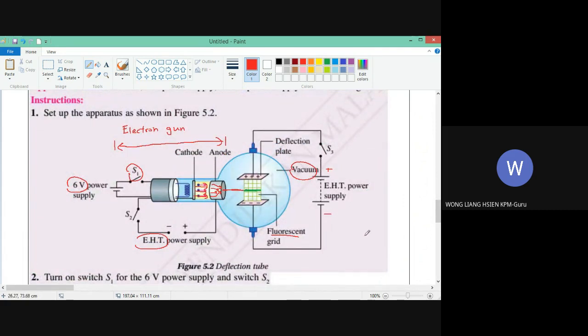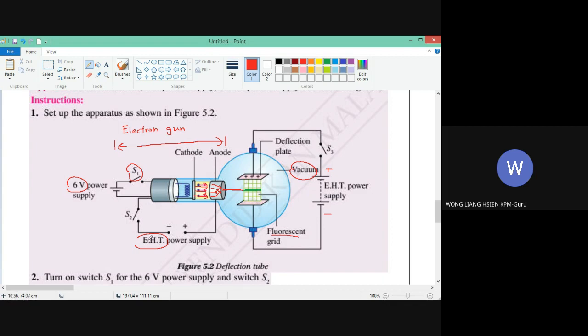It's very important for this apparatus that the inside is vacuum, because if it is not vacuum, if there is gas or air, it will block the path of the electron. The electron cannot have a clear path. Get the idea? That is why the inside of all of these tubes must be vacuum.